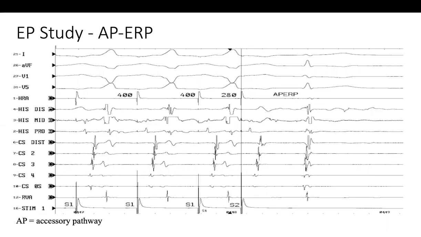I'll put it in a different way. If you put somebody on a treadmill who has an accessory pathway that is weaker than the AV node, you expect the delta wave on his ECG to disappear when his rate gets faster, because the accessory pathway will not tolerate faster rates.